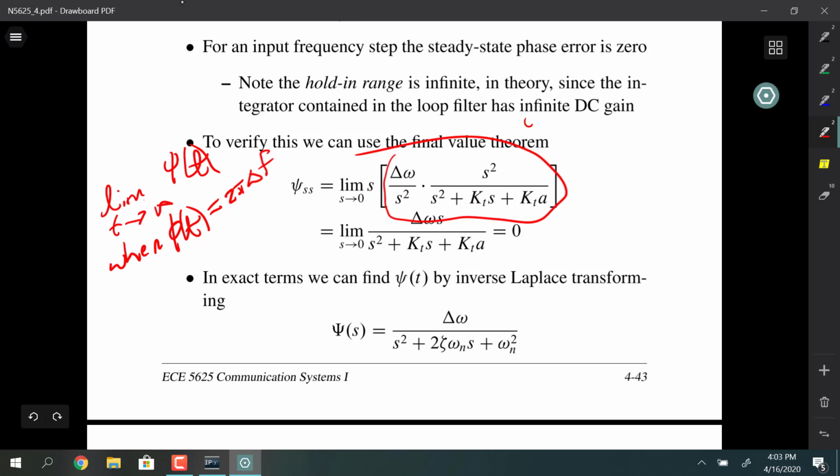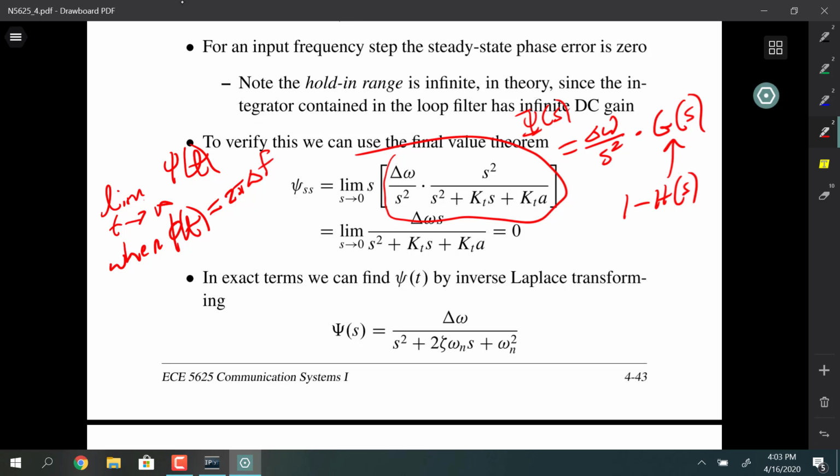In the s domain, psi of s is going to be equal to the input, which is delta omega over s squared, times g of s. But remember, up at the top of this page, we said g of s is 1 minus h of s, the closed-loop transfer function. So that's what we've got inside the square brackets here.